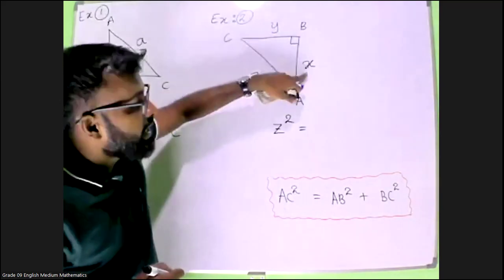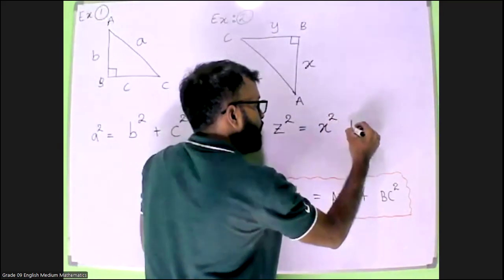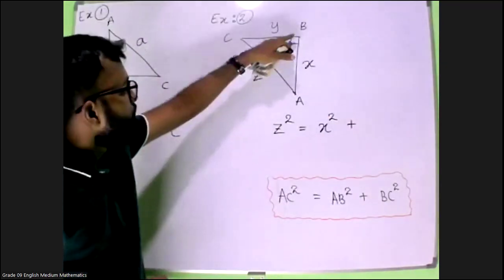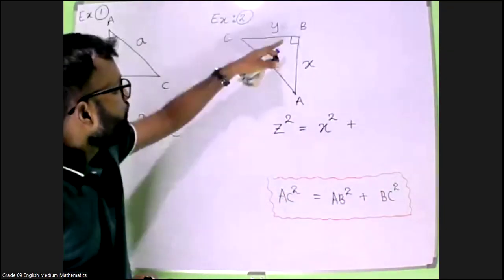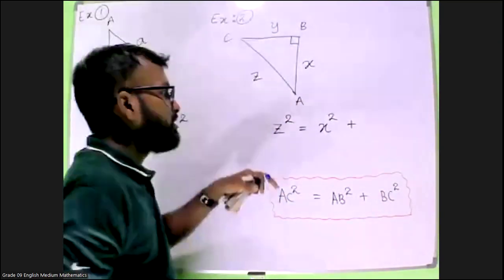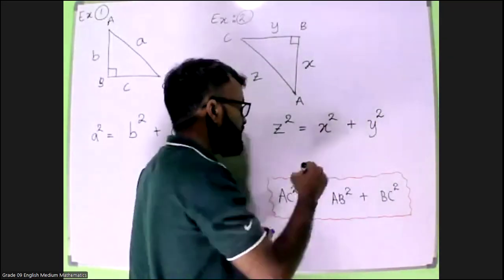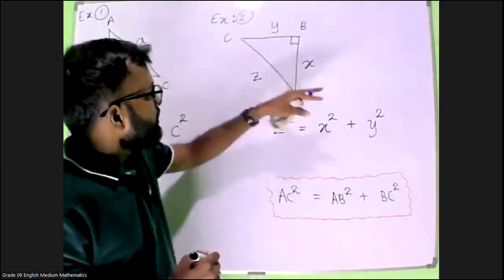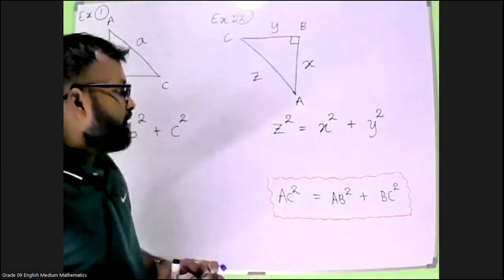Length of AB is X, so X square, plus the length of BC, which is Y, so Y square. So this is the Pythagorean relationship for this ABC triangle.